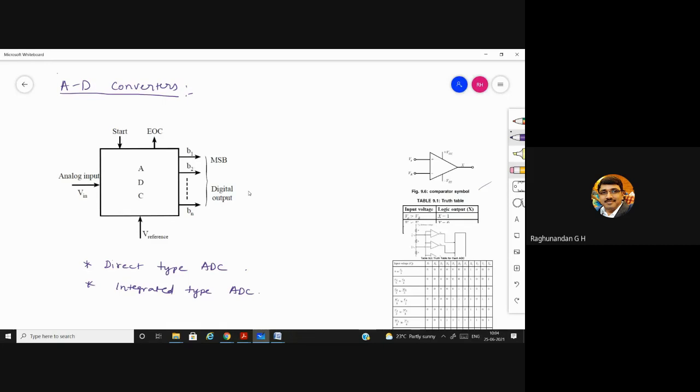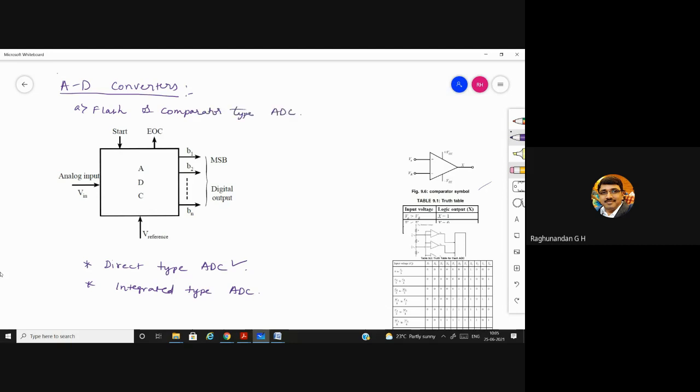Coming to the first one, we'll discuss the direct type ADC. In the direct type ADC, the first one we are going to study is the flash type ADC, also known as comparator type ADC.